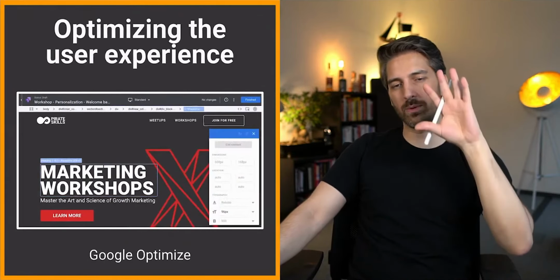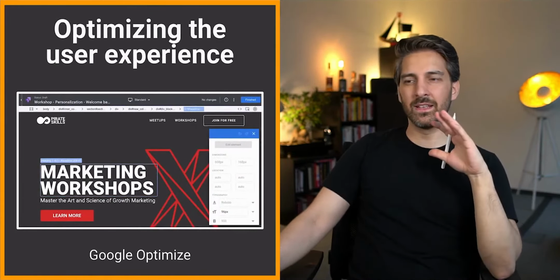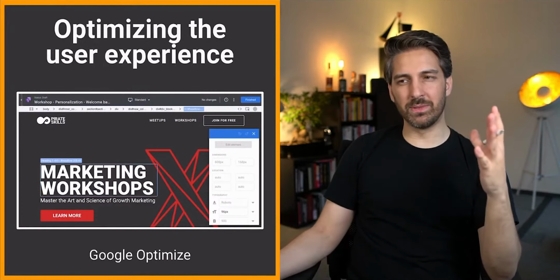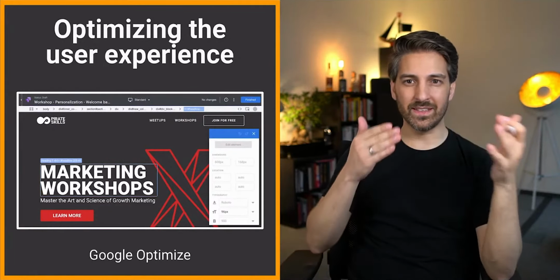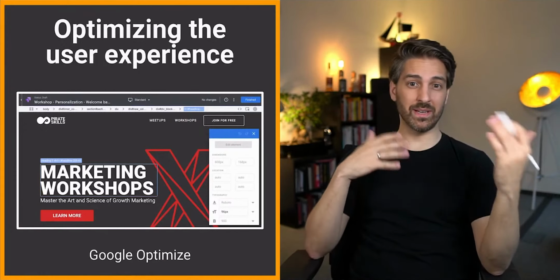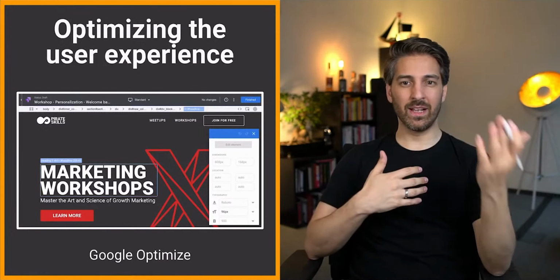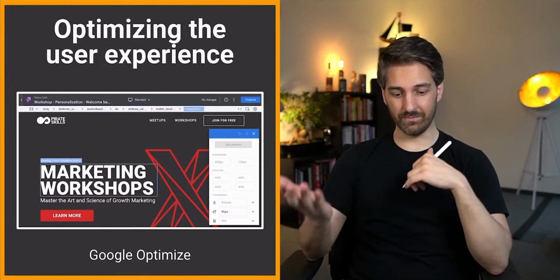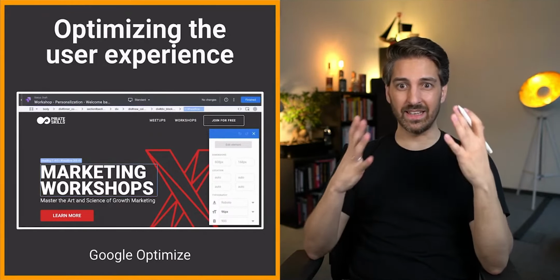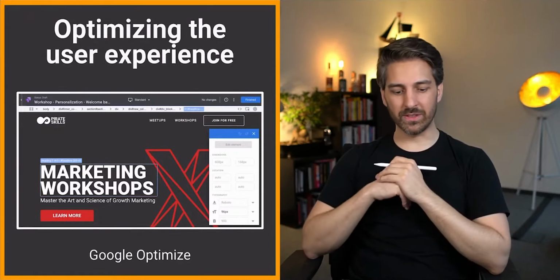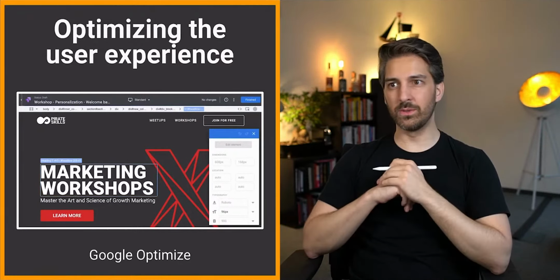Now I can use a tool like Google Optimize to change the user experience without any code and do an A/B test and get the results. Is that call to action better than this? Does this cookie banner have a higher consent rate than this? We talked about this at length in the last meetup about personalization, so feel free to check that one out.